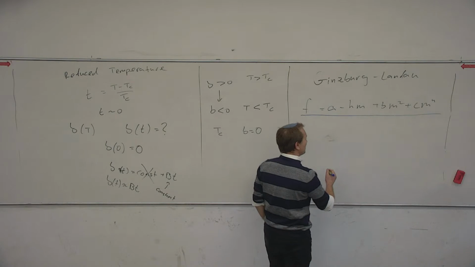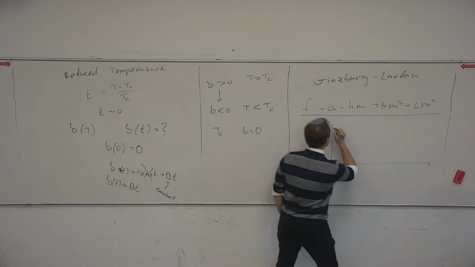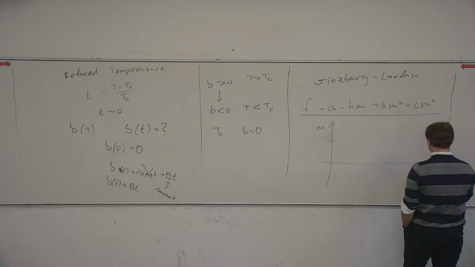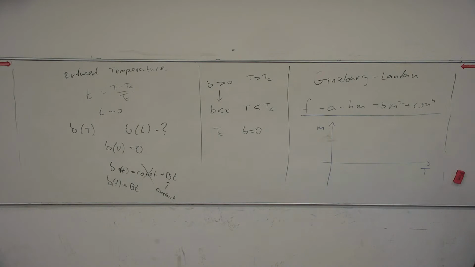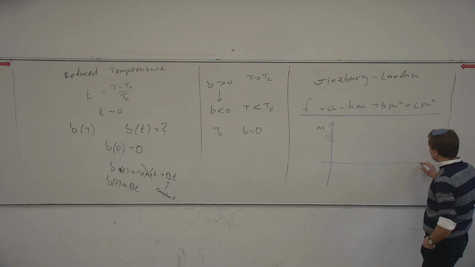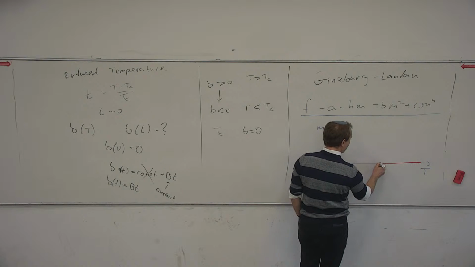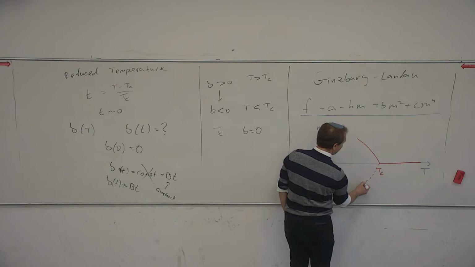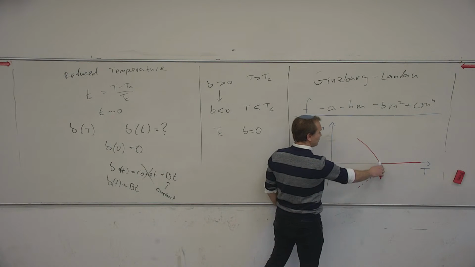What I can do is to ask the following question. In many materials, if I plot M as a function of T, we have already seen it, the same behavior appears. It's 0 up to some critical Tc, and then it rises up. Either it goes up or it goes down.